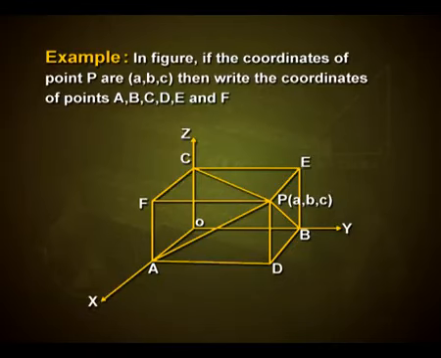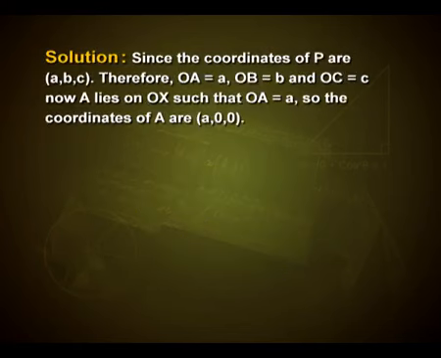Here let us look at one example. If the coordinates of point P are (a, b, c), then write down the coordinates of points A, B, C, D, E and F. Since the coordinates of P are (a, b, c), therefore, OA = a, OB = b and OC = c.